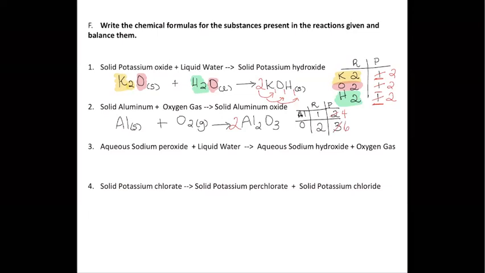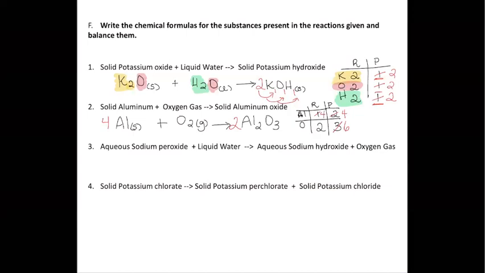I'm still not balanced yet. But now that I know that I have those atoms in the product, and since I only have one aluminum in the reactant, what coefficient can I put on the aluminum? Excellent, of 4. That will take my aluminums in the reactants to 4.